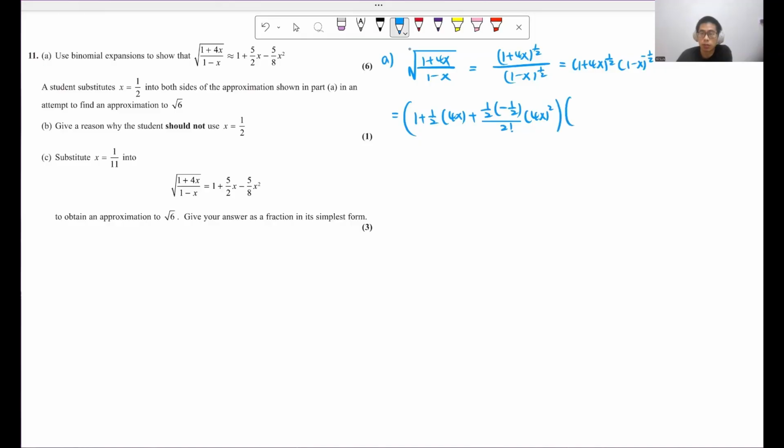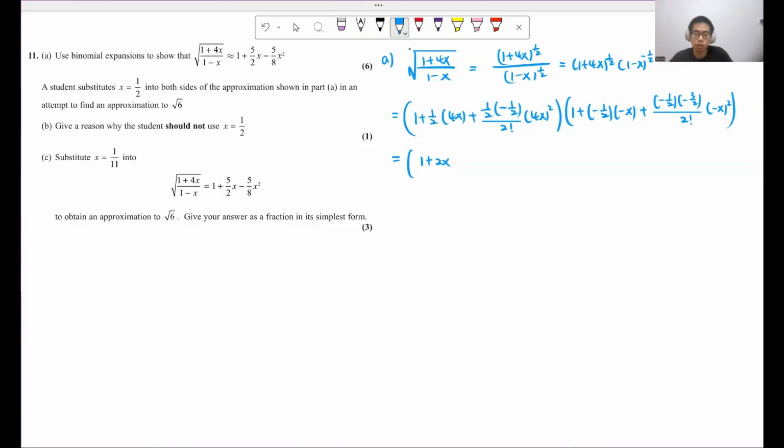And then for the other one, that would be 1 plus n, which is negative 1/2, times x, which is negative x in this case. And then plus negative 1/2 times negative 3 over 2, over 2 factorial, and then times negative x squared. So now simplify each one. That would be 1 plus 2x.